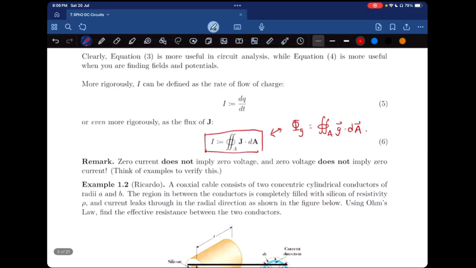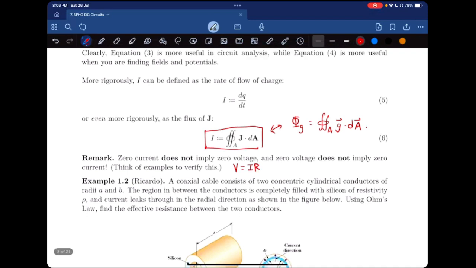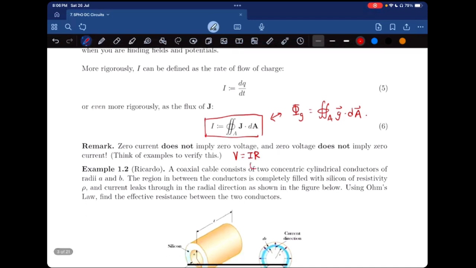Small remark: zero current does not imply zero voltage, and zero voltage does not imply zero current. This can be a bit trippy because you might be tempted to think that because V equals IR, if I equals zero, then V equals zero mathematically. There are situations where this isn't the case. Similarly, you might think that, given this equation, if V equals zero, then I must equal zero.